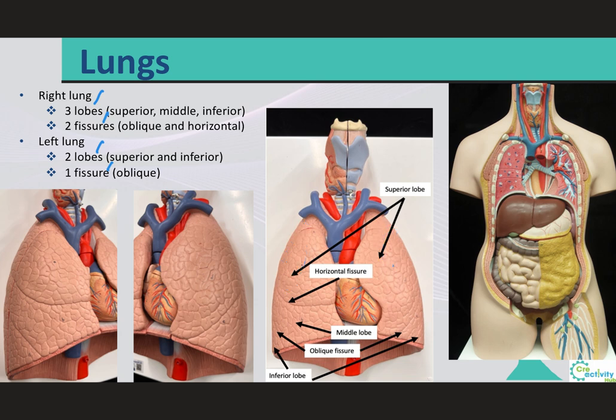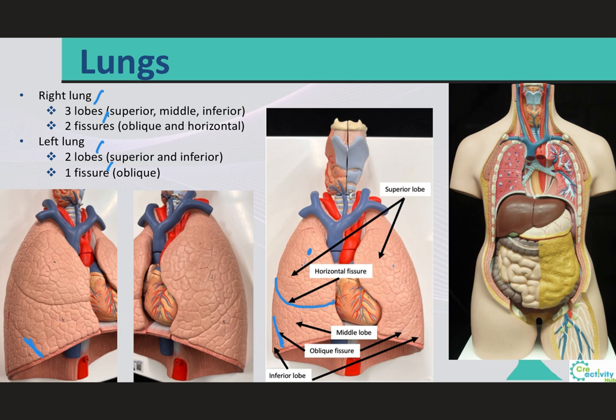Here we have the right lung. As we can see, it will have 2 fissures, which are the horizontal fissure and the oblique fissure, which is a little bit hard to see on this middle image, but we can see it better on a picture of the right side of the right lung.